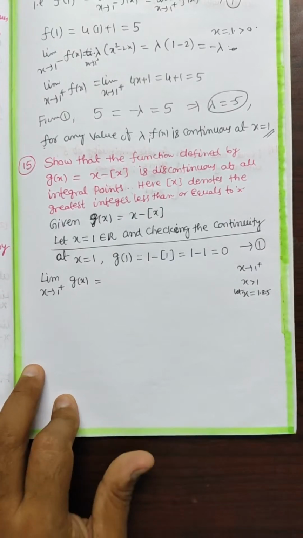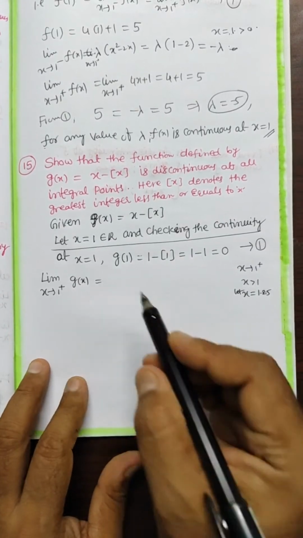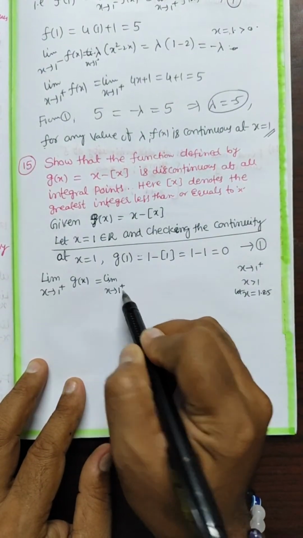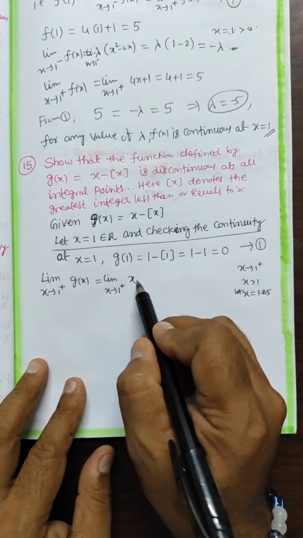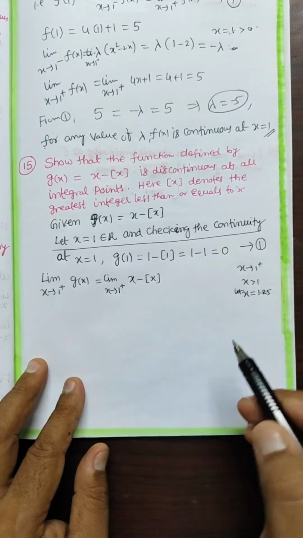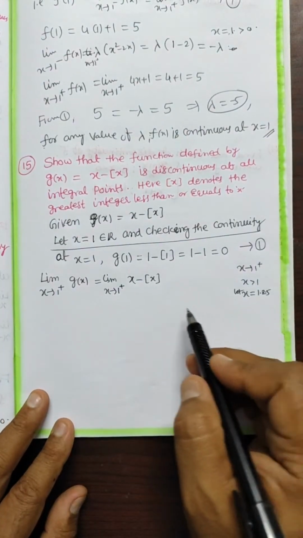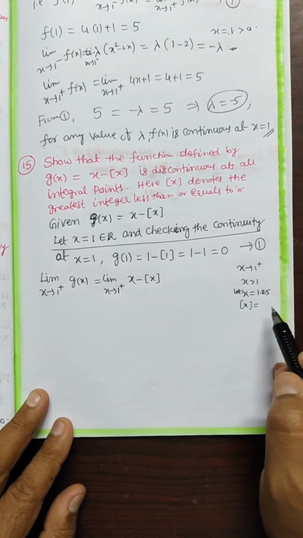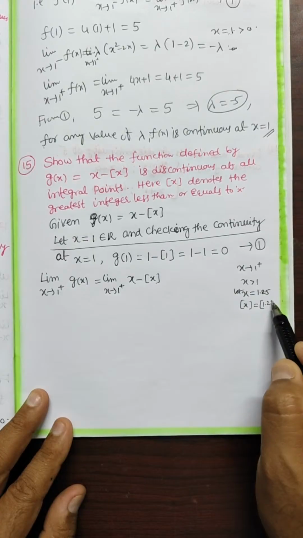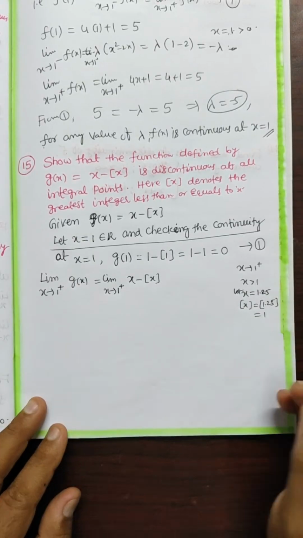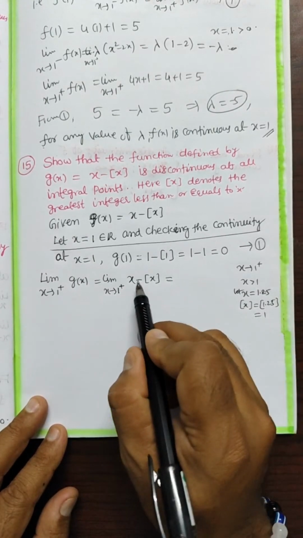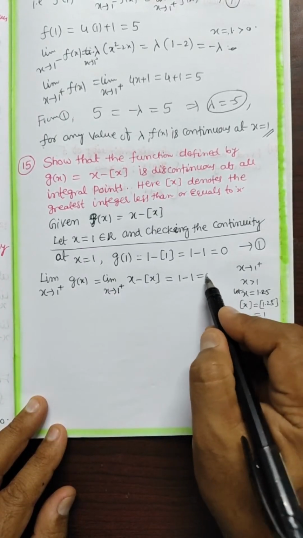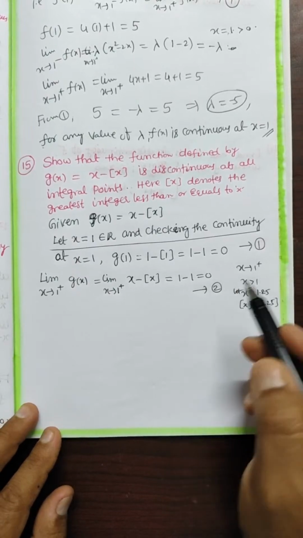So limit x tends to 1 plus g of x is x minus step x. So step x value is what? If you take x greater than 1 and less than 2, step of 1.25 will be 1 itself. So x is equal to 1, substitute, 1 minus step x value 1, equal to 0, equation number 2.